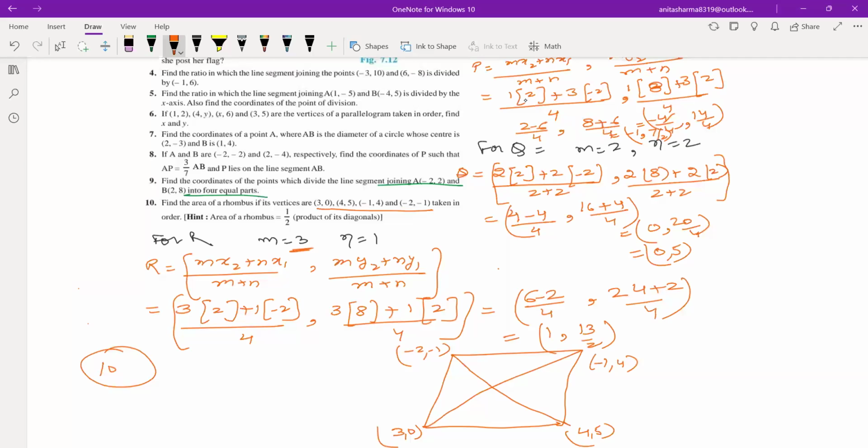That is half the product of its diagonals. So you will find the length of the diagonals. How will you find it? By distance formula? Tell me, children, by distance formula only we will calculate.